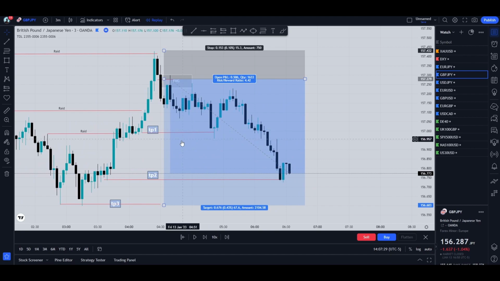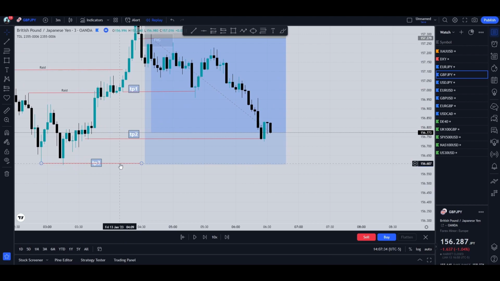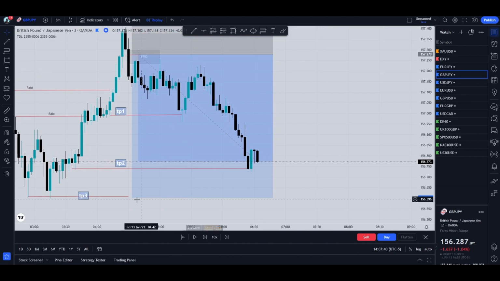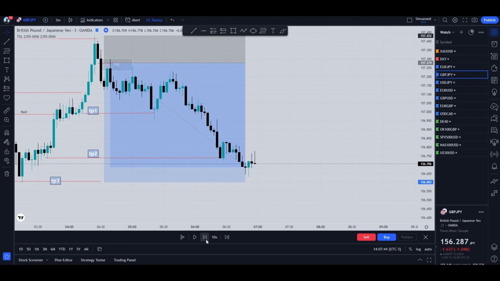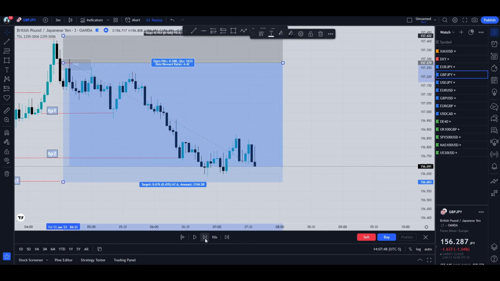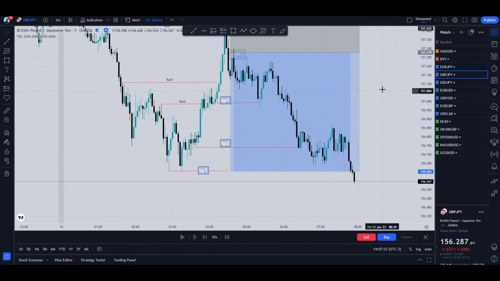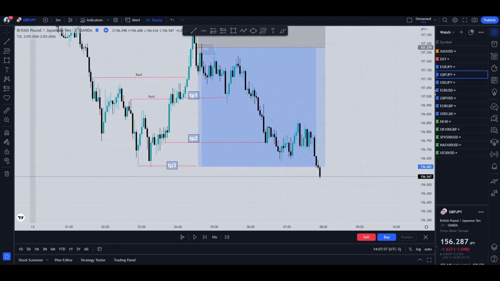So you have cleared most of your profits, and you can have your last small portion of your position at the TP3. That's just how I would do it. So let's see if we hit the TP3. And we hit it right there. So that would be the place where I would get out of the whole position.